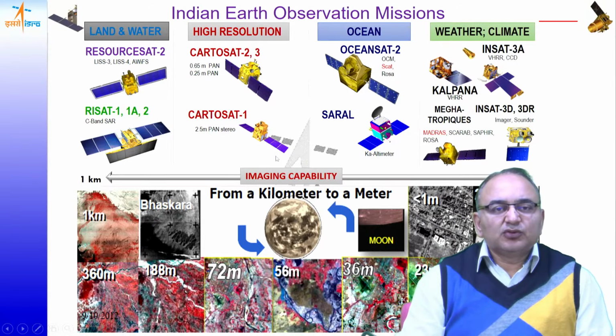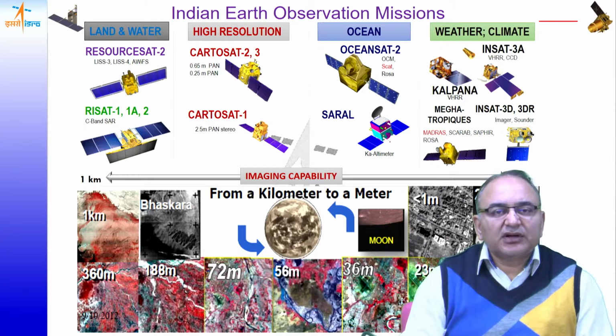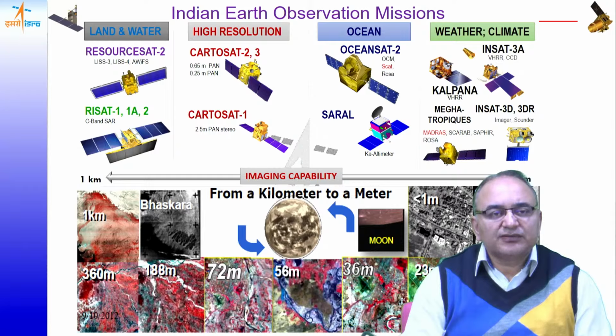And to observe this, from the ISRO side, we have a suite of satellites covering the land and the water sources, where in the optical domain we have the Resourcesat series of satellites having LISS-3, LISS-4, and AWiFS covering 5 to 56 meter resolution, and the RISAT-1A, now known as the Earth Observing Satellite EOS-4 series, which works under the all weather category, having resolution of 2 meter to 30 meters.